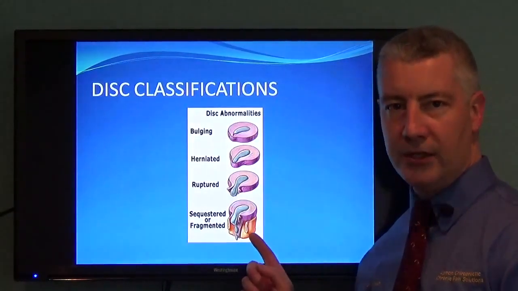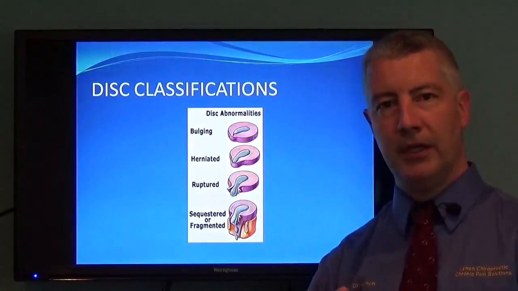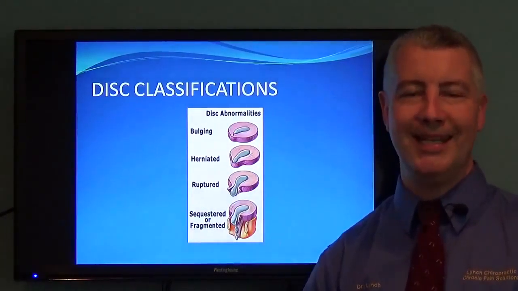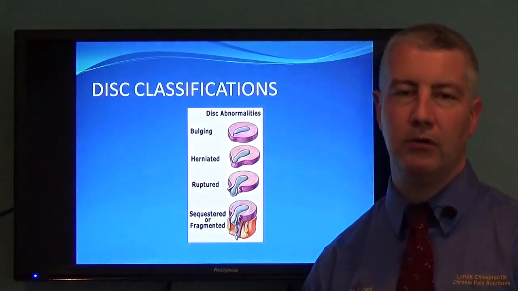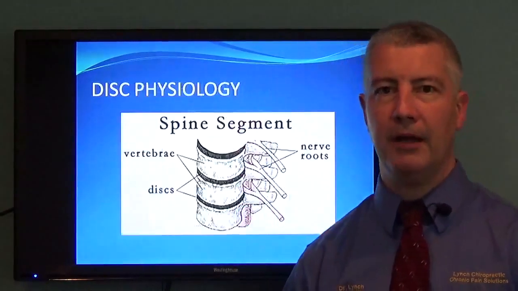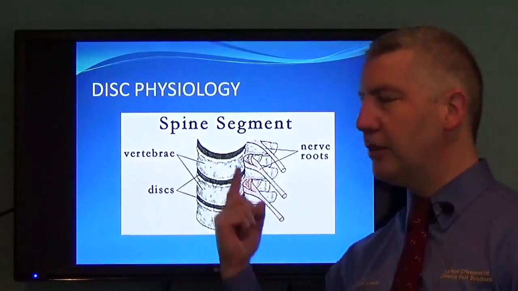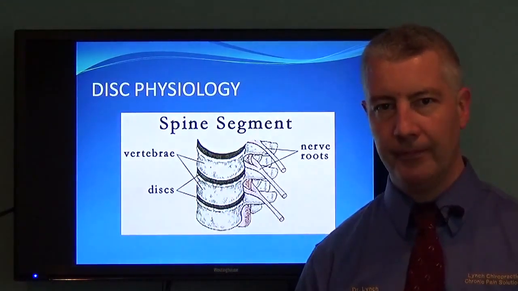And then if it's sequestered or fragmented, that means not only has it torn open and come out, but there are actually pieces of it that are out there that are either pushing up against the spinal cord or the spinal nerves.